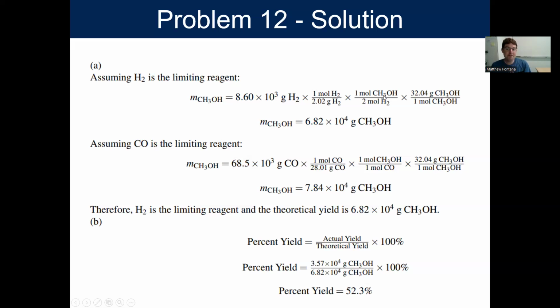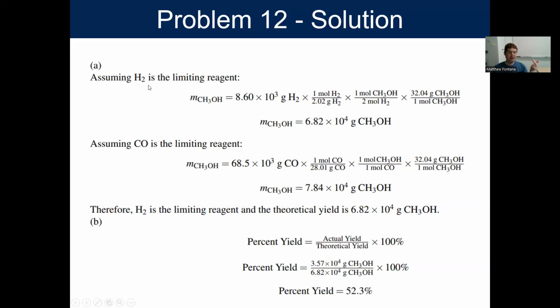Now that I'm in moles of methanol, I can look up the periodic table, calculate the molar mass for methanol, and pivot out of moles of methanol and move into grams of methanol. When I do that calculation, I'll get an answer of 6.82 times 10 to the 4 grams of methanol. Okay, so that's the first part of this question.